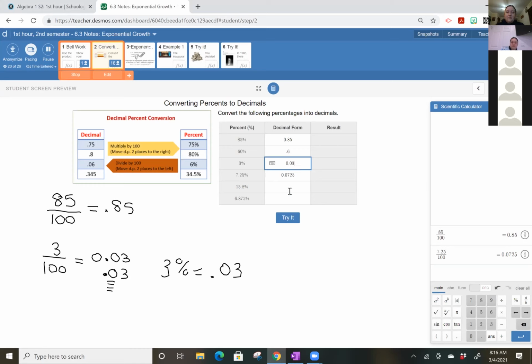Well, how about for the rest of them? All right, what is 15.8%? 0.158. All right, 6.875. 0.06875. Okay, all of those numbers matter. Once again, you are not allowed to round that.